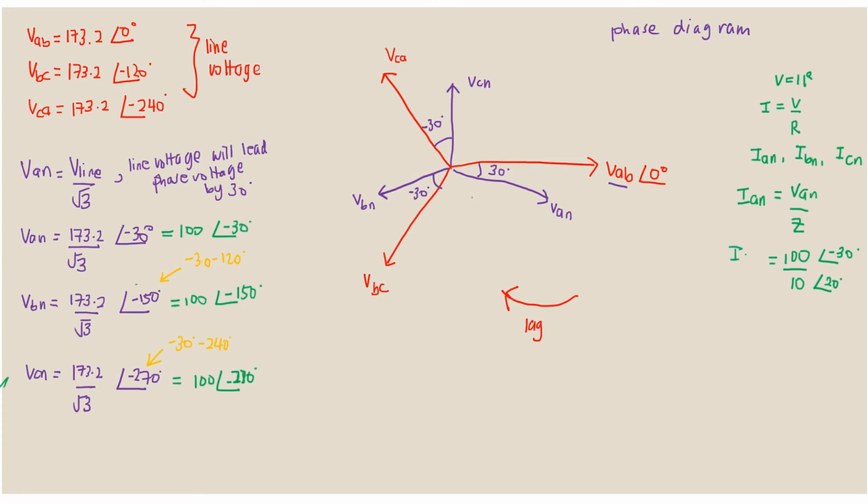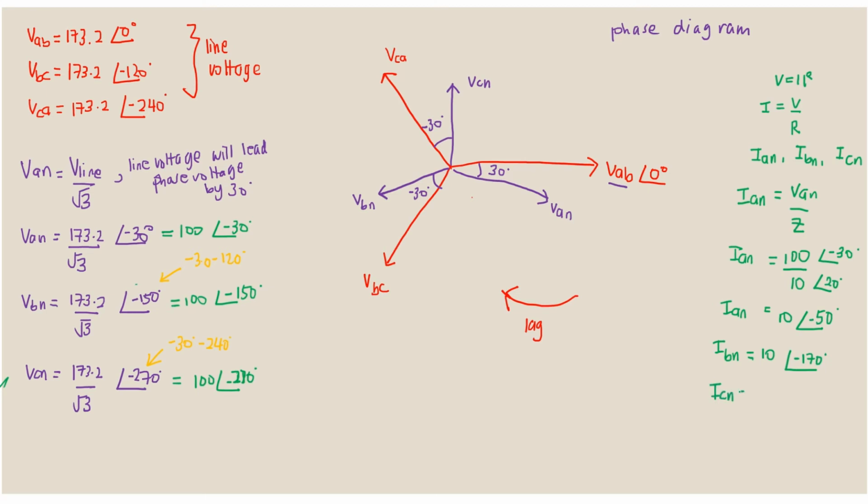So let's continue calculating IAN. IAN will be 10, and in this case negative 30 minus 20 gives negative 50. IBN will be the same: 100 divided by 10 gives 10, and this time negative 150 minus 20 gives negative 170.